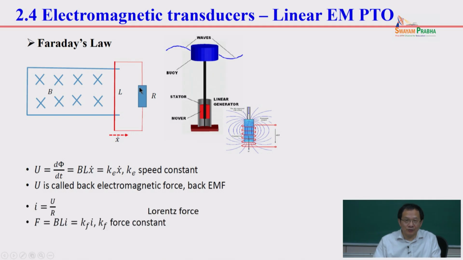Now you short that with an electric load. You add a resistor here, and you have a current going through the system. When you have current going through the system, you generate a force. This is the Lorentz force. The force is BL times I, right?